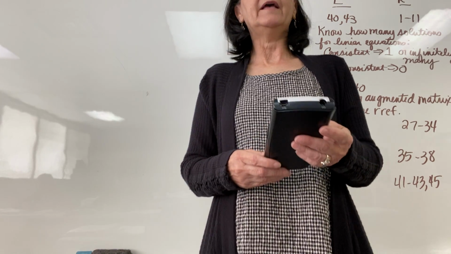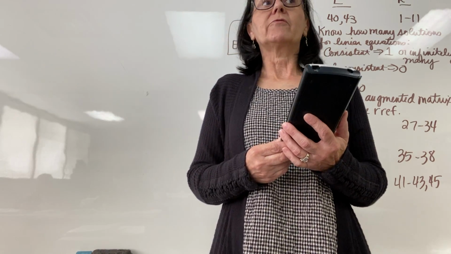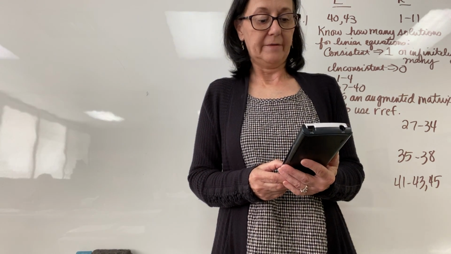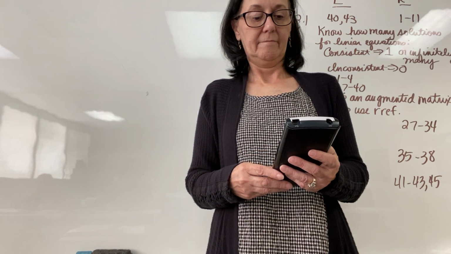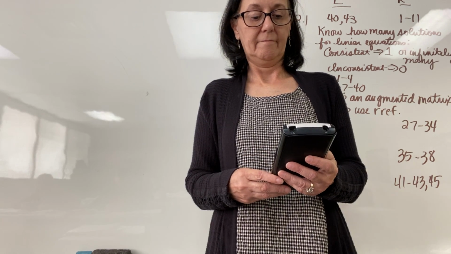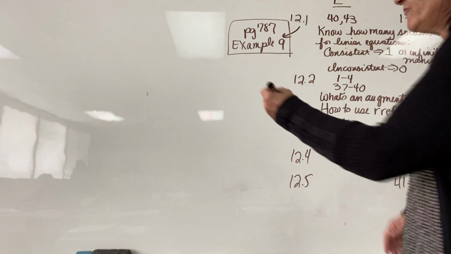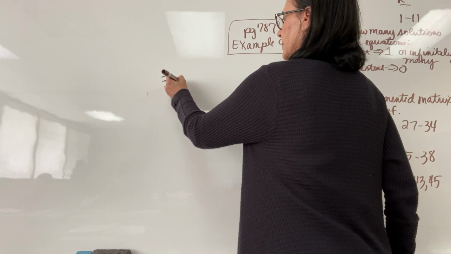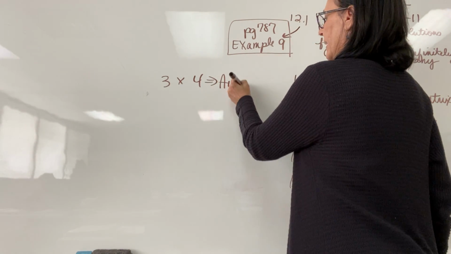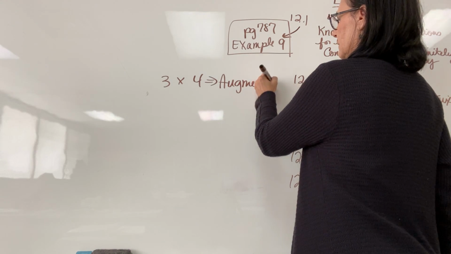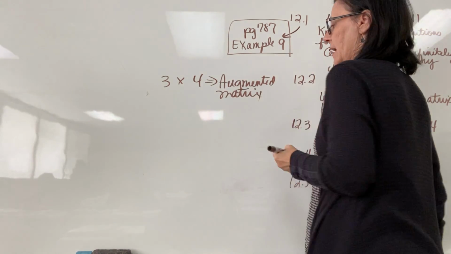If we put in a 3 by 3 and a 3 by 1, what are we doing? Remember, we can put in a 3 by 4. That's the augmented matrix. Let's tie this in to what's going to be on the test.